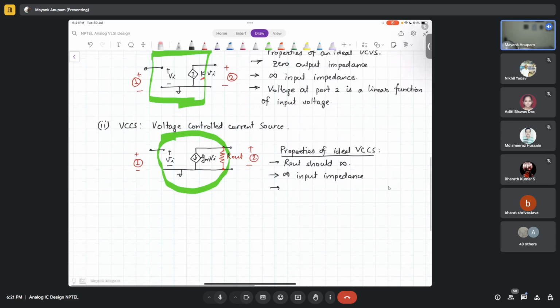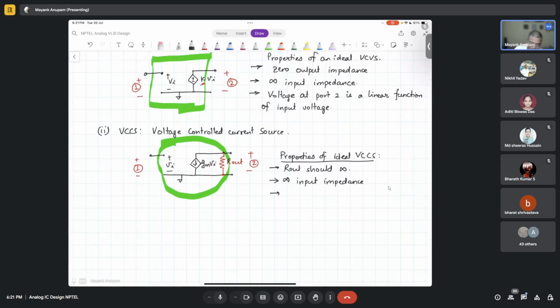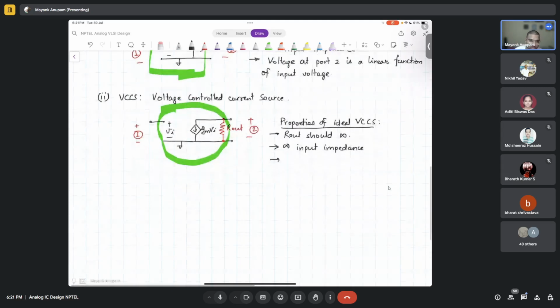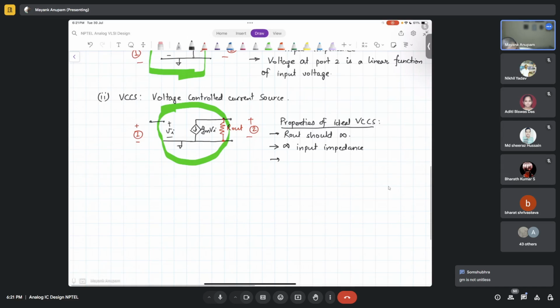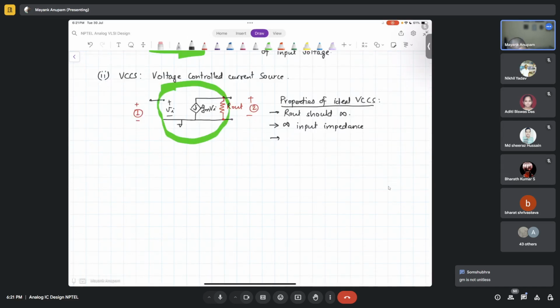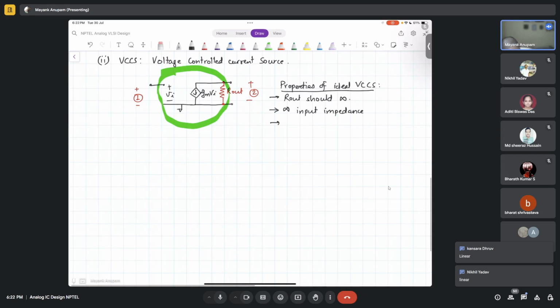What about the relationship between input and output? The output current to input voltage, what should the relationship be? Should it be linear, non-linear, polynomial? What kind of relationship should we expect? One comment is that GM is not unitless. Yes, GM is not unitless, I know. I just want to ask what kind of relationship, linear or non-linear. Correct, it should be linear only.